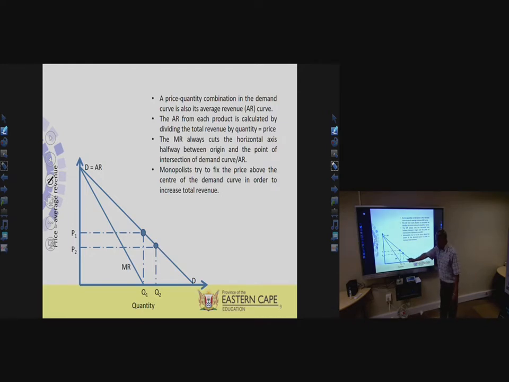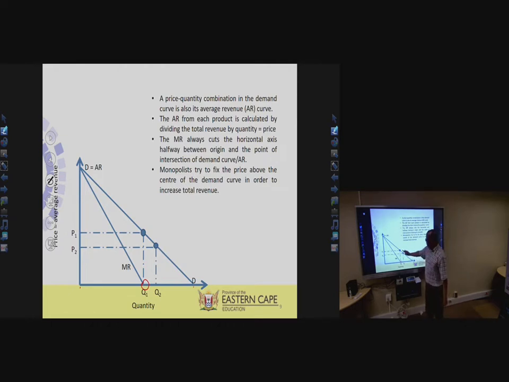This is your horizontal axis, and this point is halfway between D and the point of origin. When you draw your MR, you have to remember that your MR will cut the horizontal axis halfway.